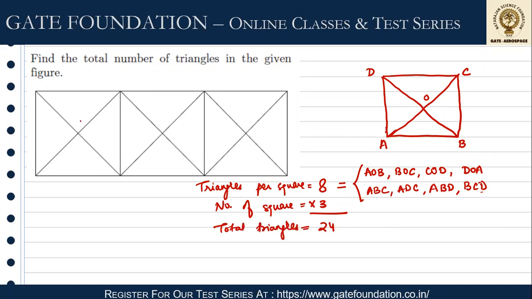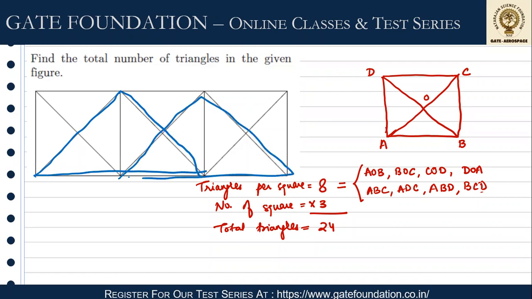The reason being, when I join them together, I'm getting other triangles. Now, what kind of triangles do I get? I get triangles like this. This is the first one. This is the second one. This is the third one, on the other side. And this is the fourth one.